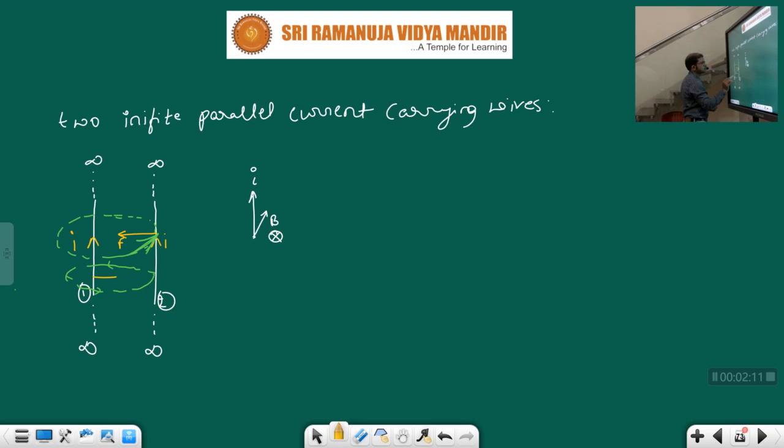Now this force will be in opposite direction, obviously. So this is force in first conductor and this is force in second conductor. Observe, children, both are in opposite direction. So it is having a property of attraction, children.